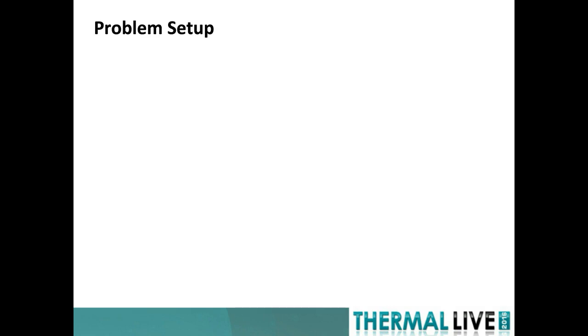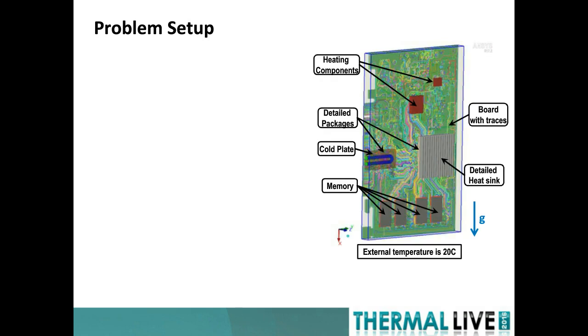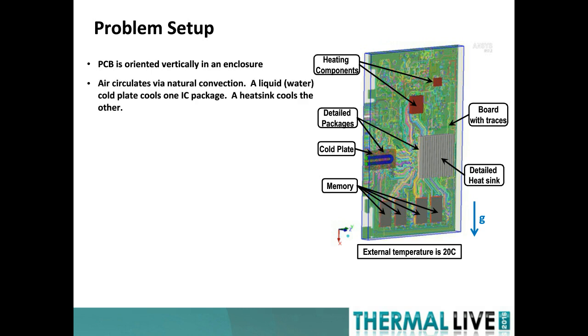So let's consider this problem setup shown here on the right. Here, there's a PCB that's oriented vertically in an enclosure. So gravity is pointing down. Air circulates via natural convection in this enclosure. A liquid cold plate cools one IC package on the left there, and a heatsink cools the other package on the right.